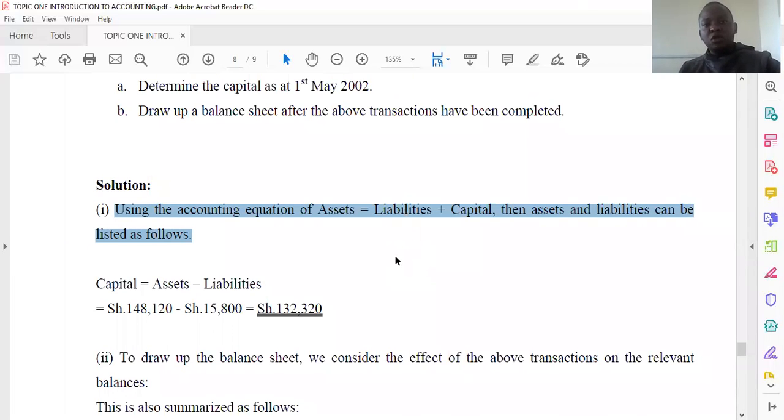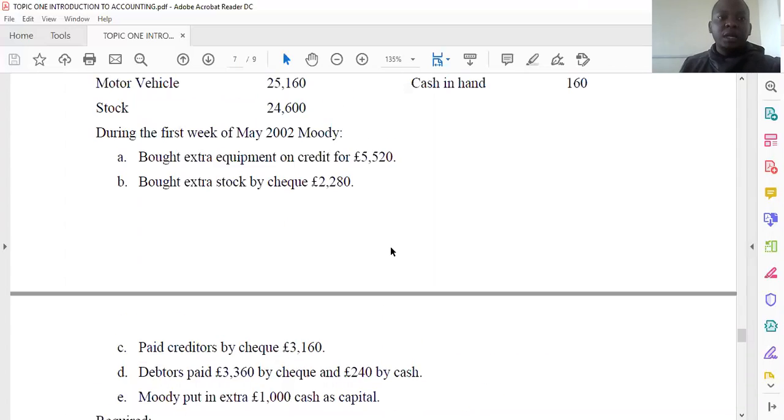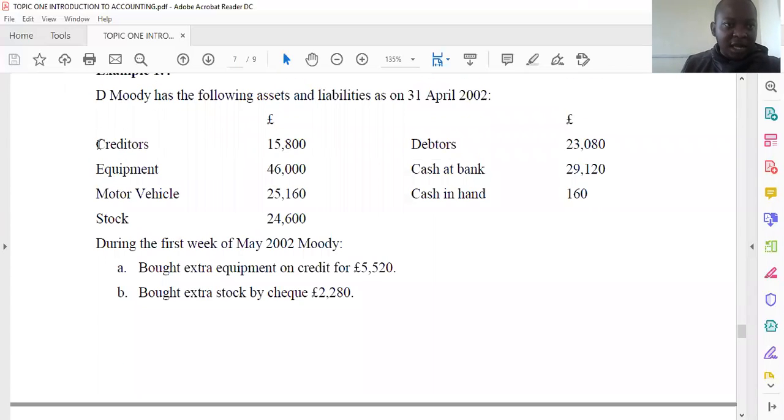I've not been able to show the workings here, but creditors is a liability, while equipment is an asset. If you take equipment plus motor vehicle plus stock plus debtors plus cash at bank plus cash in hand, these are all assets. We only have one liability, that is creditors.